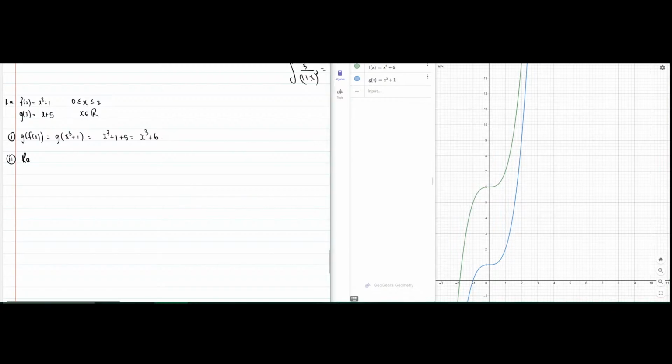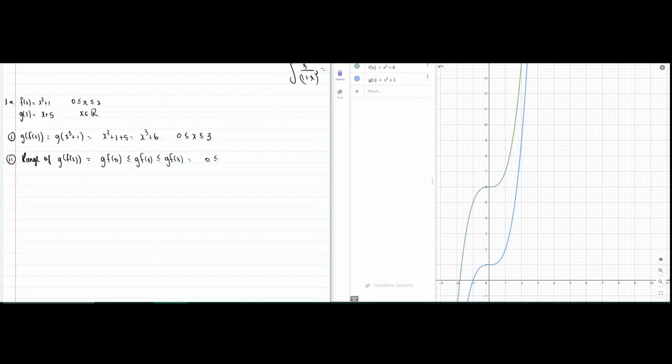So the range of gf of x, for 0 is less than or equal to x is less than or equal to 3, is gf of 0 is less than or equal to gf of x is less than or equal to gf of 3.